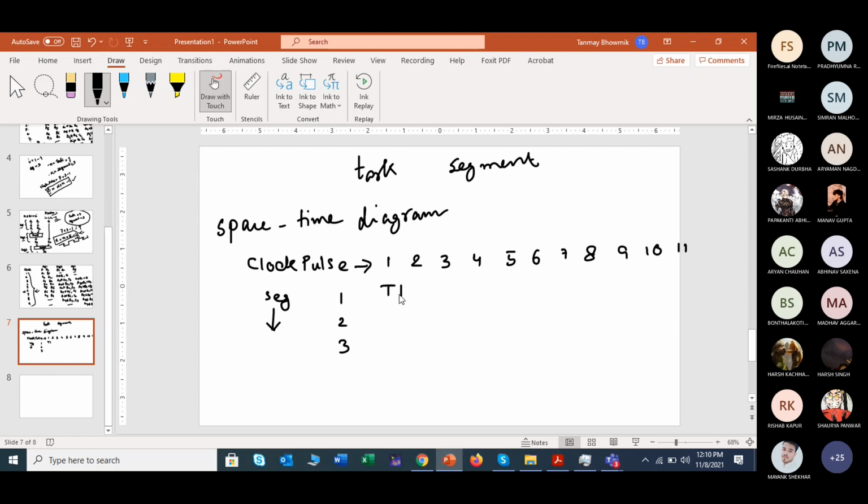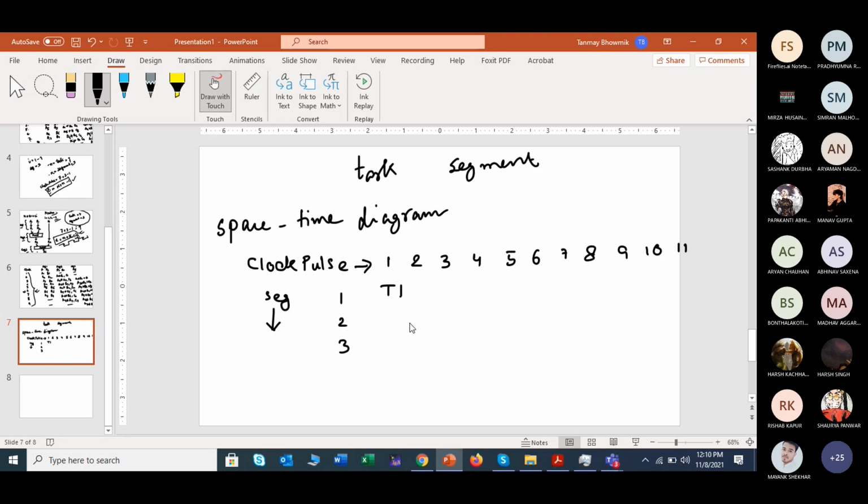Right? So what was the first task? The first task was storing the values of A1 and B1 into R1 and R2. So that means this was the task of the first segment. You have completed the first task here.